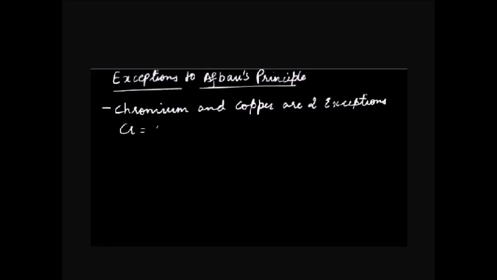Chromium has 24 electrons. The electronic configuration is Ar 18, 4s2, and 3d4.